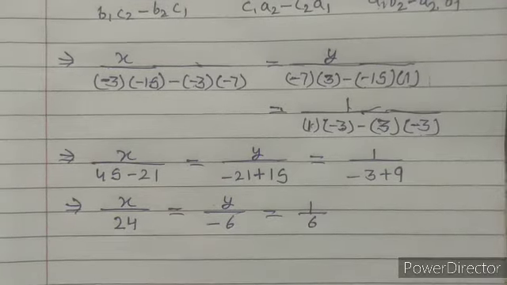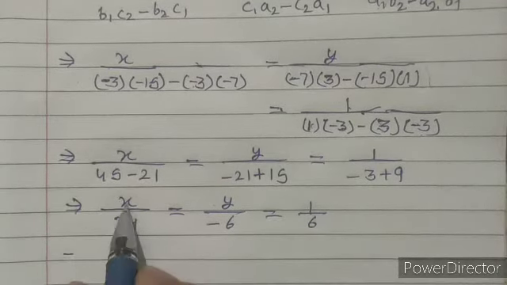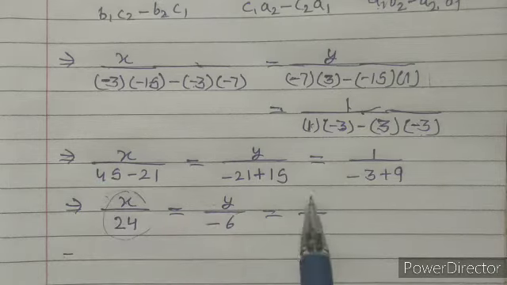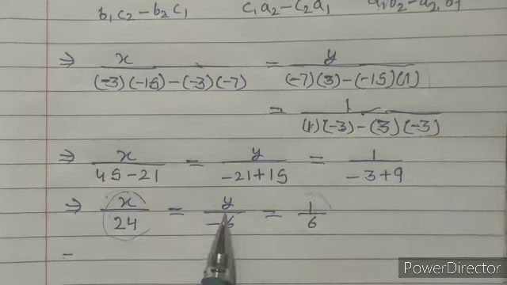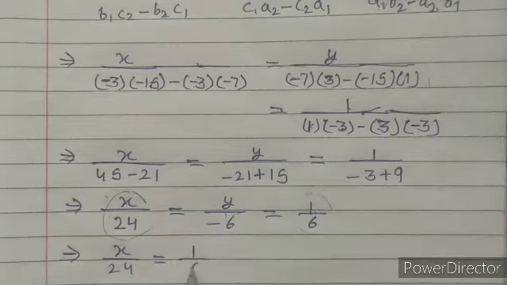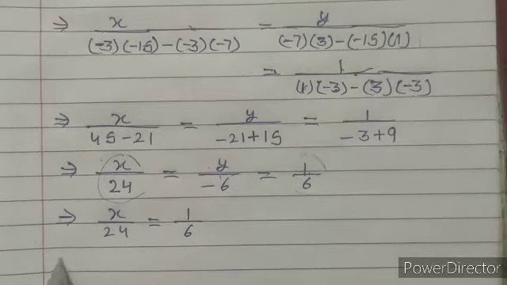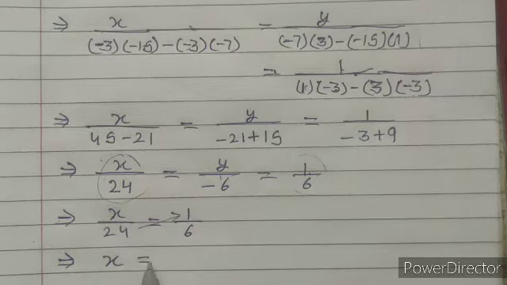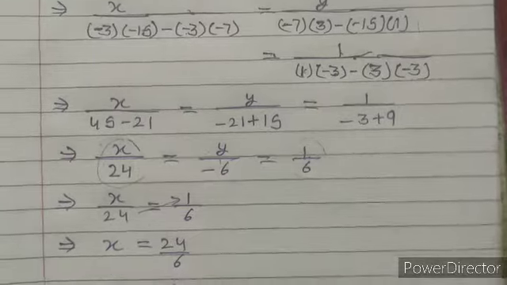Now we will equate the quotient of x, the first term, with the last term, and the second term with the last term. Now this will give us x upon 24 equal to 1 by 6, and that will be x equal to 24 by 6, and this will be 4.